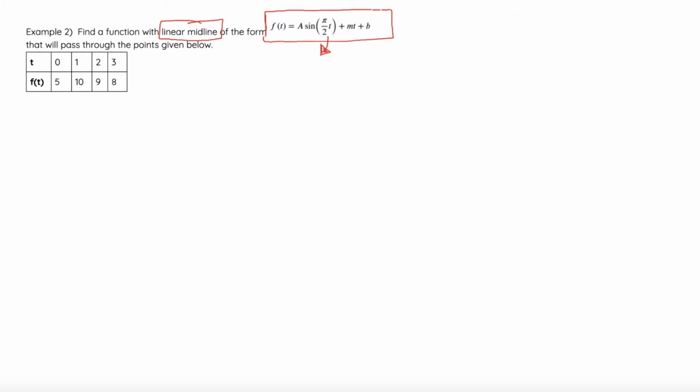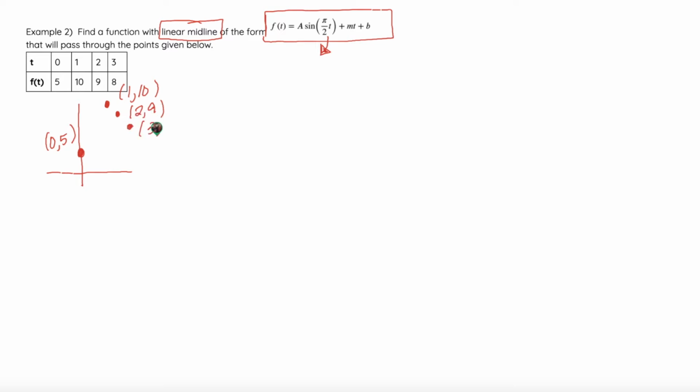We're going to be able to gather a new period here. If I were to graph this picture, just to get a feel for what it looks like, we have 0, 5. I also have 1, 10, so that might be way up here. I also have 2, 9, and 3, 8.